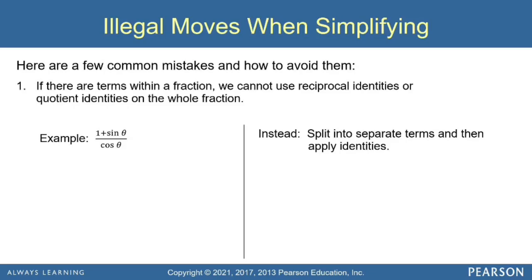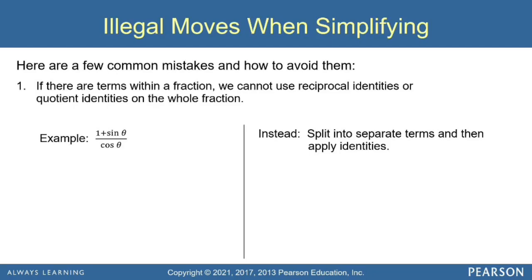Now let's talk about a few illegal moves when simplifying. Sometimes understanding what you can't do helps you understand what you can do even better. And I think this is one of those times. So the first illegal move we're going to look at is this. If there are terms within a fraction, we cannot use reciprocal identities or quotient identities on the whole fraction.